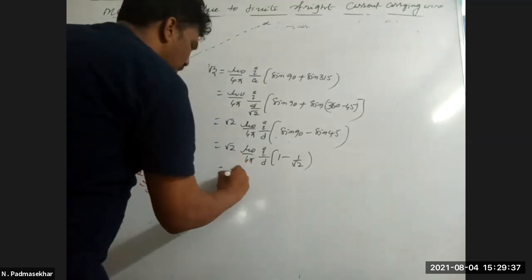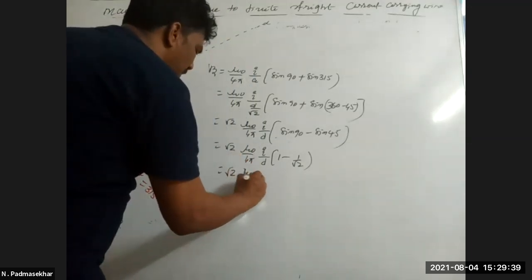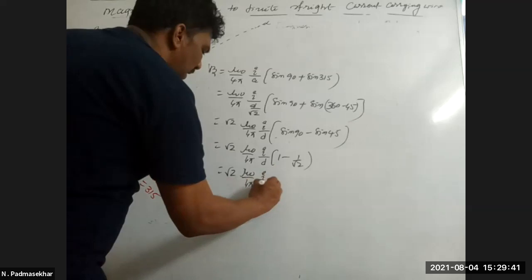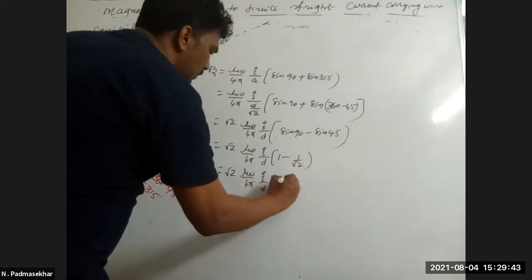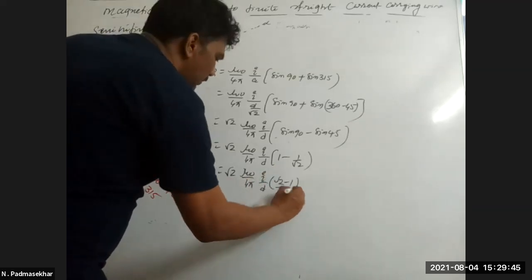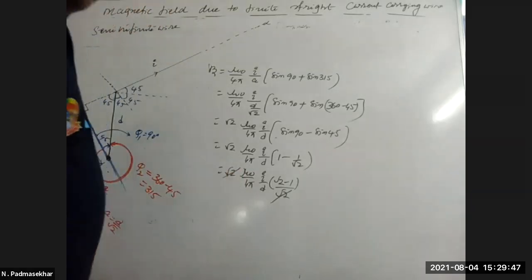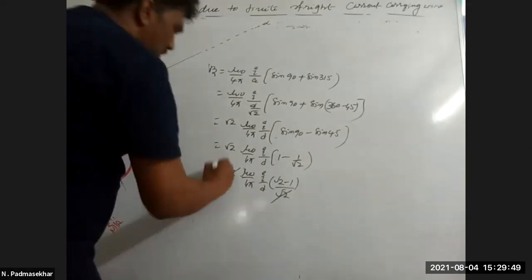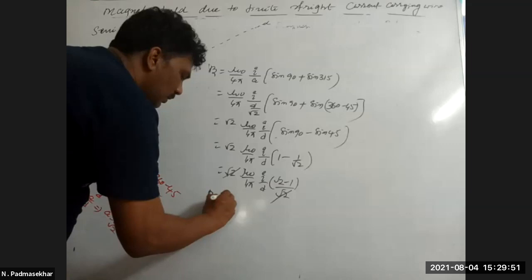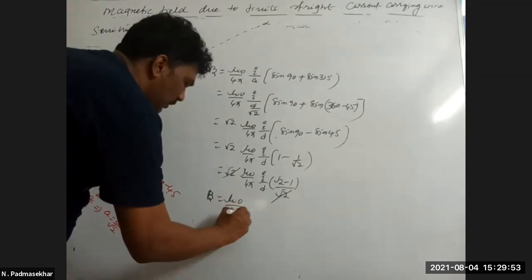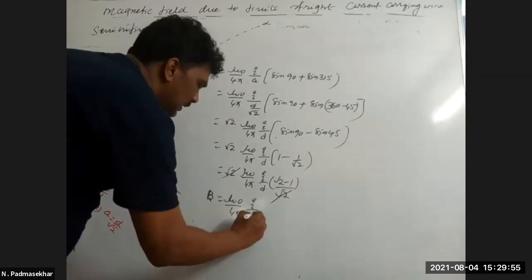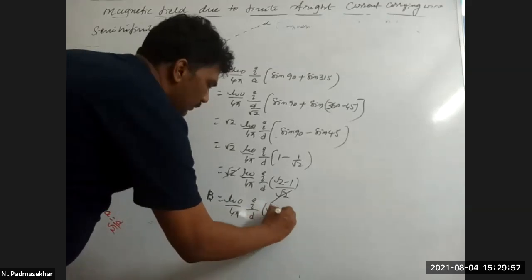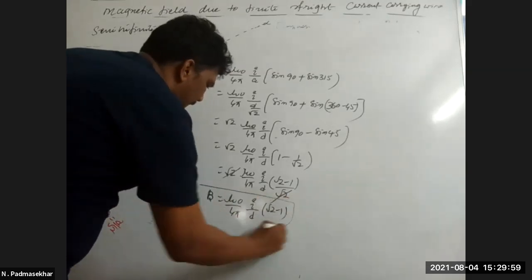So this is equal to root 2 into mu naught by 4 pi I by D into root 2 minus 1 by root 2. Root 2 is cancelled. So now this B is equal to mu naught by 4 pi I by D into root 2 minus 1.